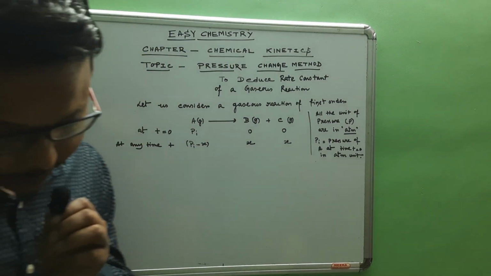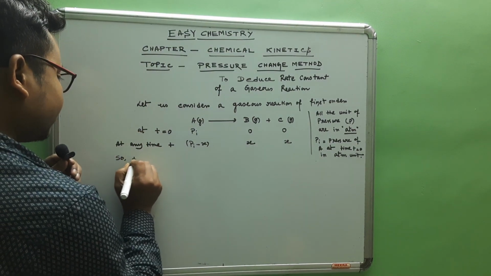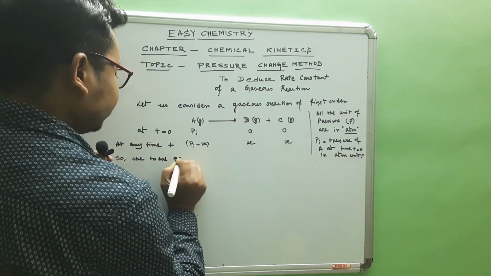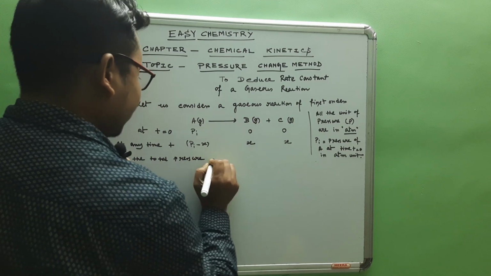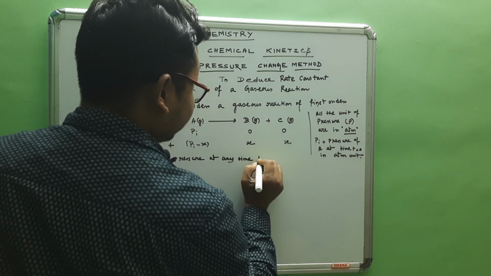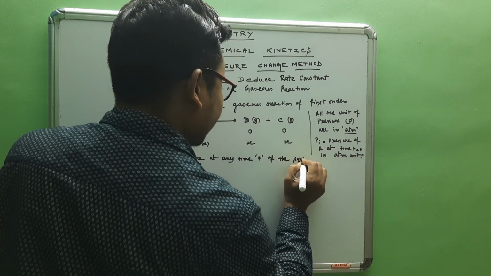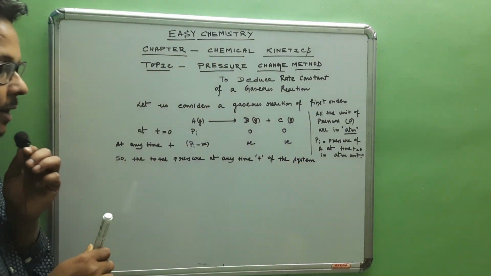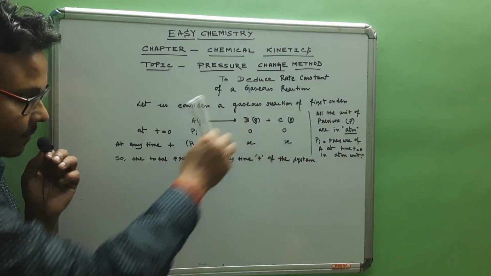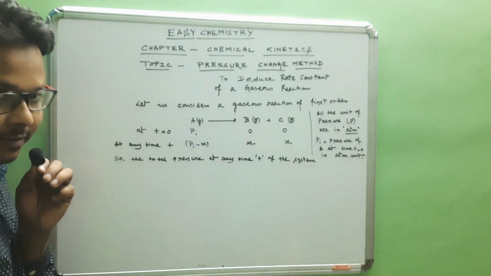So what will be the total pressure at any time t? Now look, at any time t, the system contains A as well as B and C. All these three substances are present simultaneously at the time t in the system.